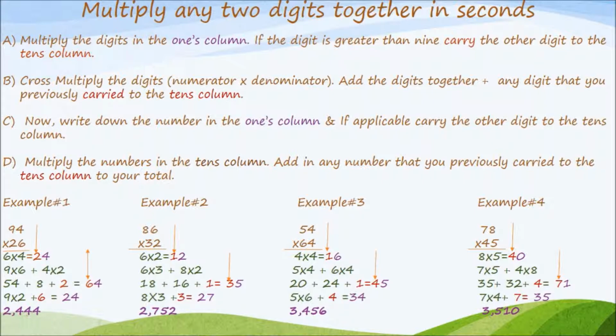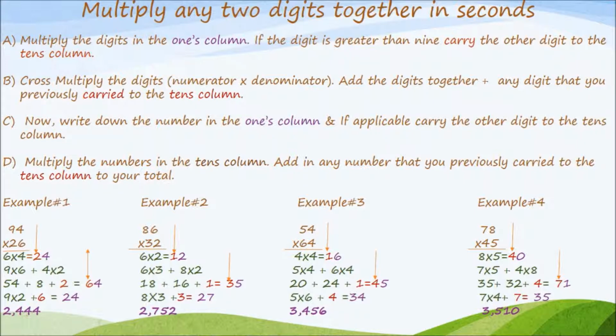So we'll write down the 5 here. Next, the next rule says multiply the digits in the tens column. In the tens column we have 5 and 6. So we're going to multiply 5 times 6, which is equal to 30. Plus we're going to add in that 4 that we carried previously to obtain 45. Our total is going to be 34.